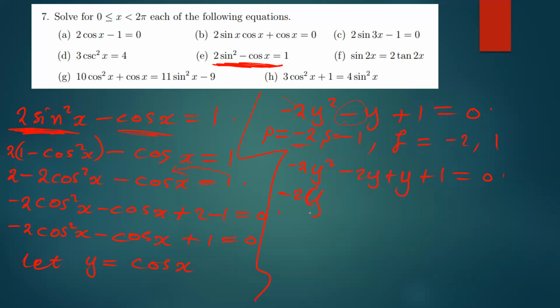Negative 2y is common. When you factorize there, you're getting y plus 1, then plus 1 there, then y plus 1 there. Whenever you're solving a quadratic equation, you have to make sure that what you've gotten in the brackets is the same. Then when you factorize this, you're getting y plus 1, and then negative 2.